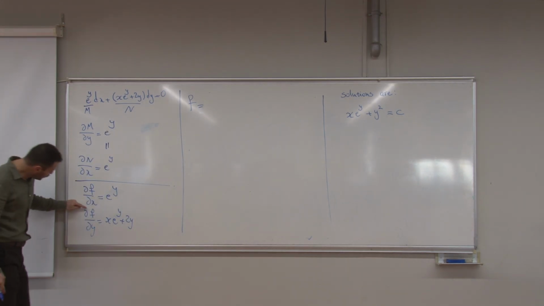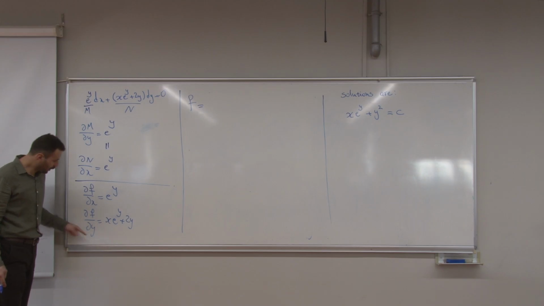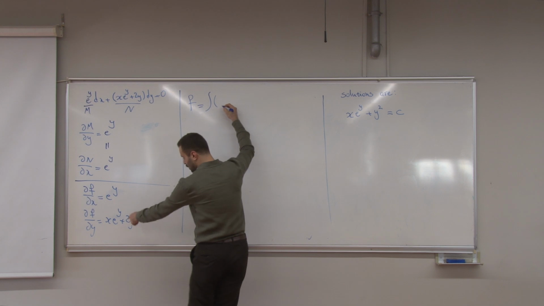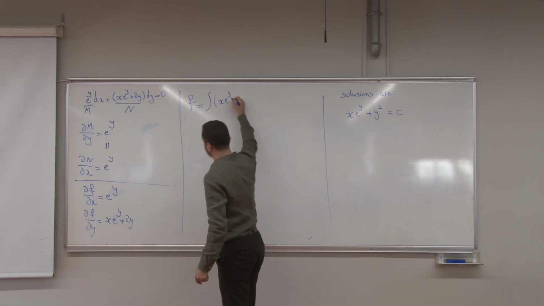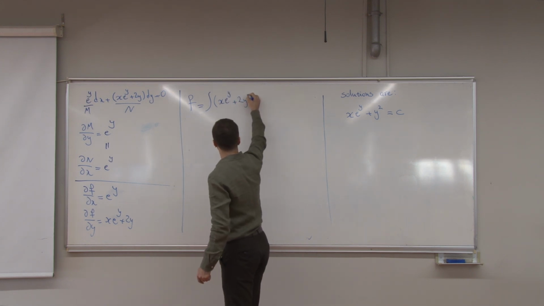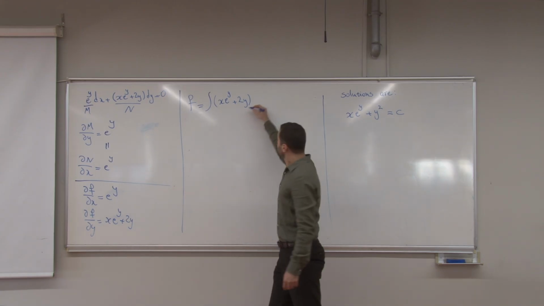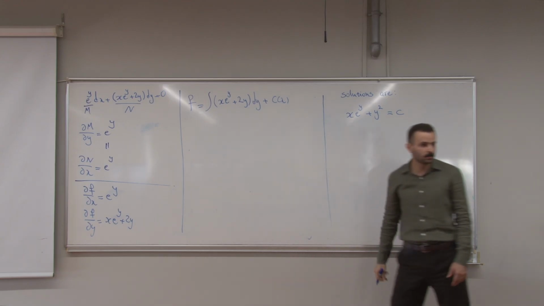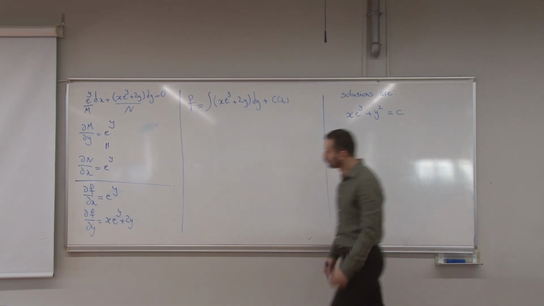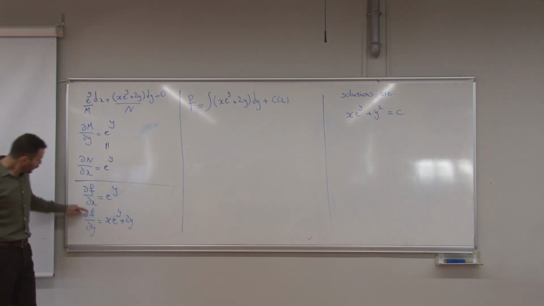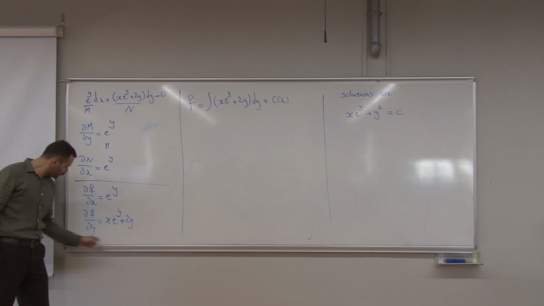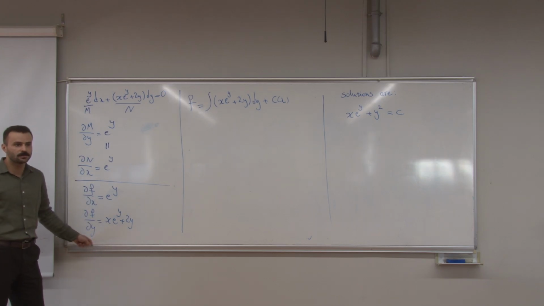If I take the partial derivative of f with respect to y and I come to this expression, then f is going to be the integral of this expression x e to the power of y plus 2y with respect to y plus a function of x, right? If the derivative with respect to y is this, then f is the integral of this with respect to y plus that constant which is a function of the other variable x.